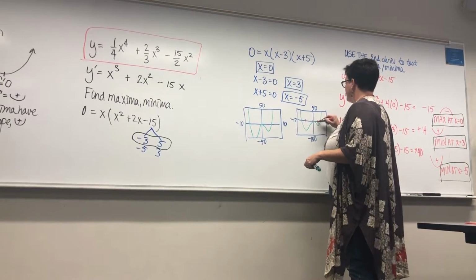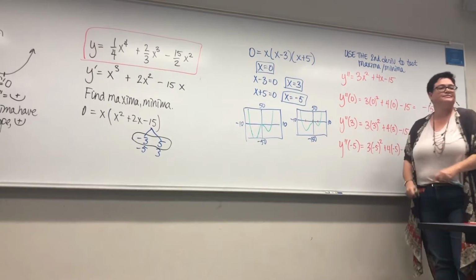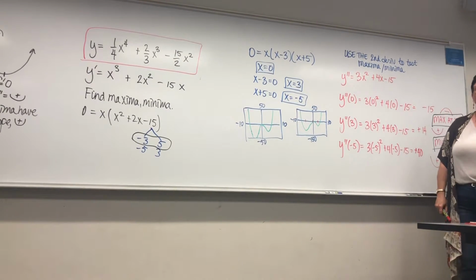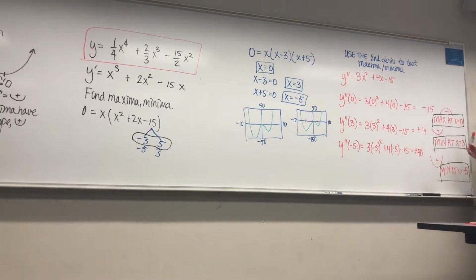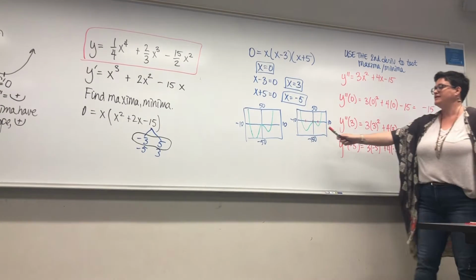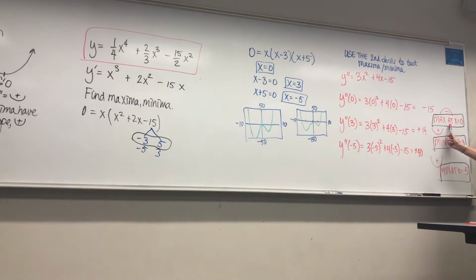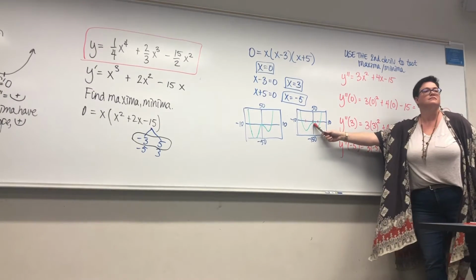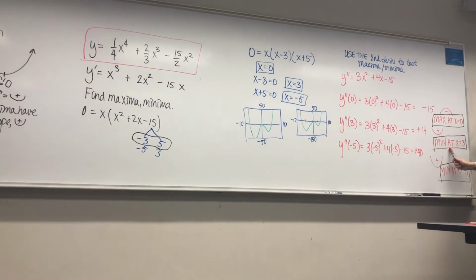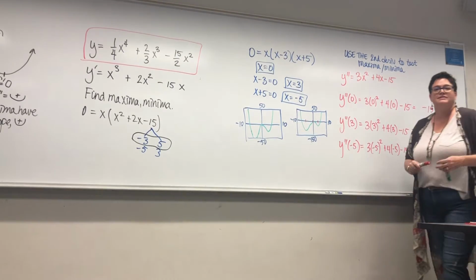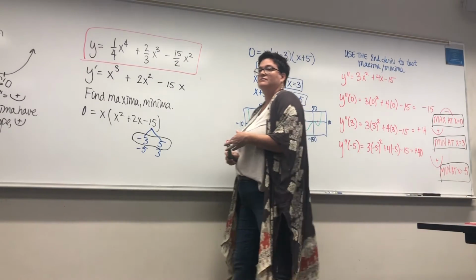What are they? They're -5, 0, and 3. And are they exactly what we thought? We had a min at -5, there it is. We had a max at 0, there it is. And we had another min at 3. And we used the second derivative to do that.